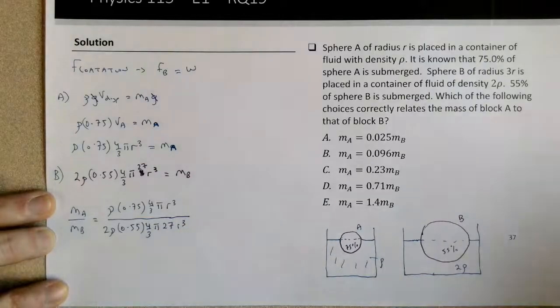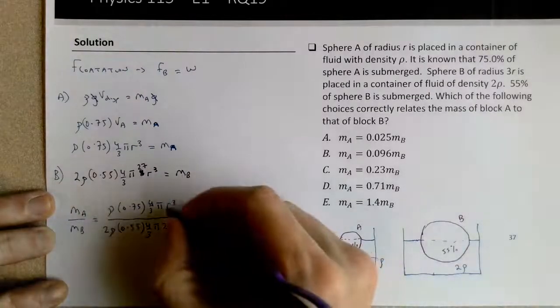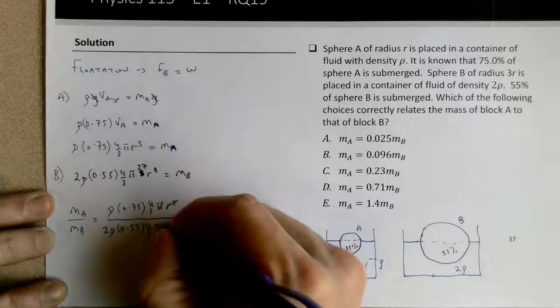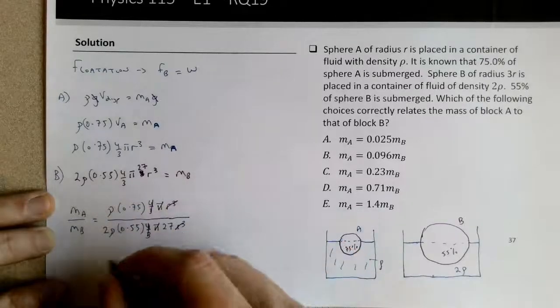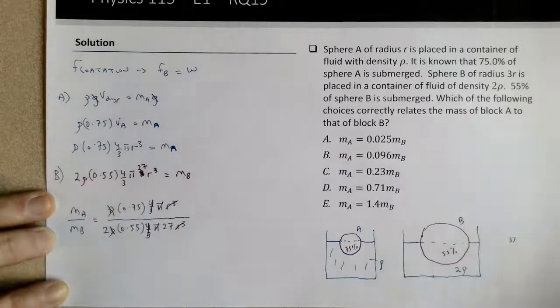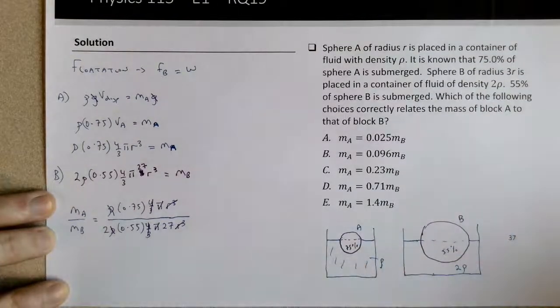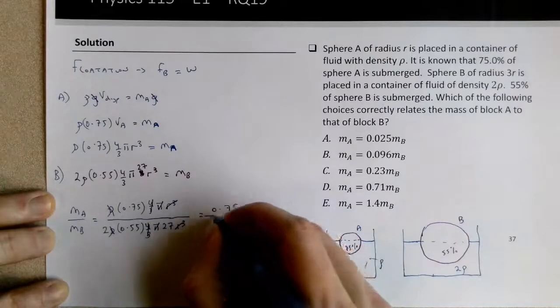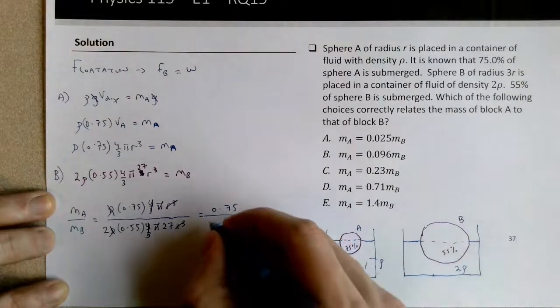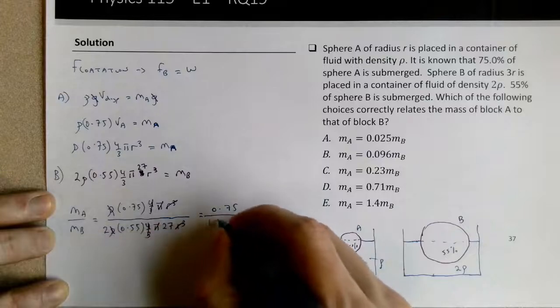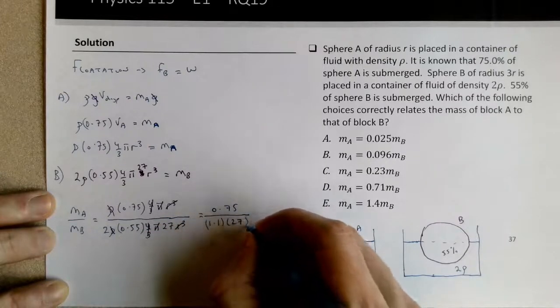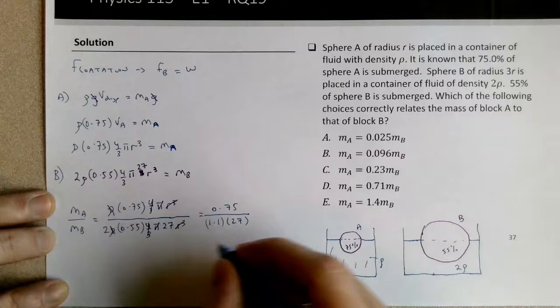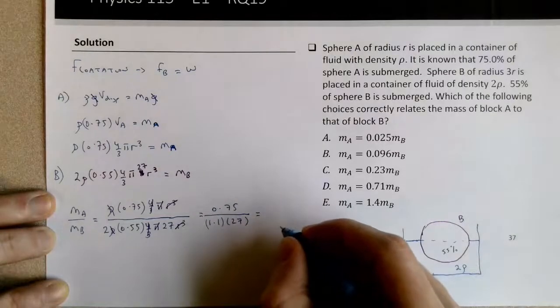And here you can see all the common factors. We can get rid of those r cubes, the pi, the 4/3, and the rhos. That leaves us with 0.75 on the top, and then 2 times 0.55, which is 1.1, times 27, and if you do that correctly, this gives you 0.025.